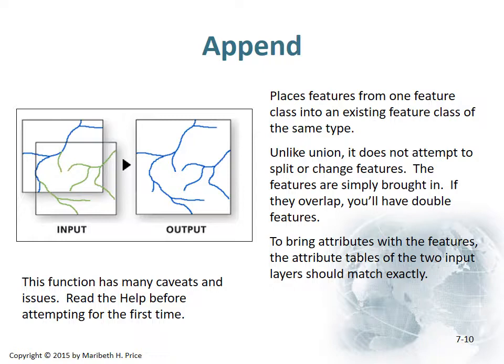So it has some limitations. It might be useful if you only need to display the information and make it look like it's all connected. But if you really need to have the connectivity, the topology of those things, as if it was a complete stream network, you're going to need to use something else besides append.